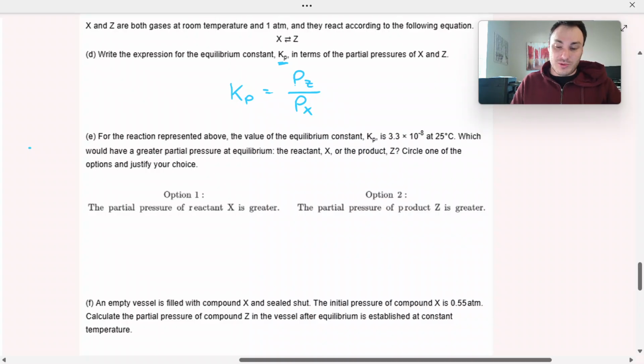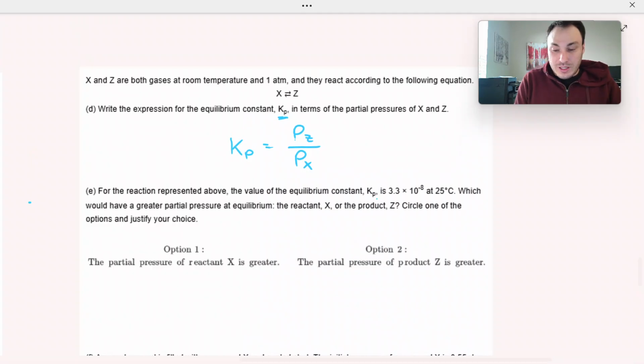For the reaction represented above, the value of the equilibrium constant is given. Which would have the greatest partial pressure at equilibrium, the reactant X or the product Z? Circle the option and justify your choice. So this is a really, really, really small Kp. Another way to think about Kp is products over reactants.